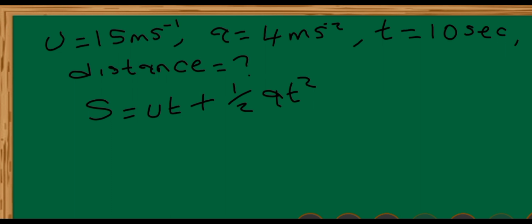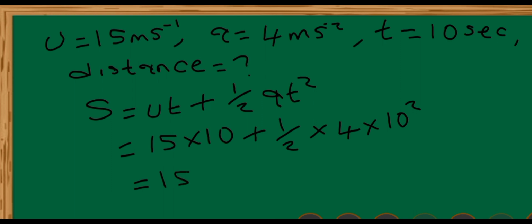Now input the right values into the equation, where u is 50 this time, times time, which is 10, plus half times 4 times 10 square. 50 times 10 is 500, plus half times 4, that is 2, times 100, that is 200. So 500 plus 200 gives us 700 meters.